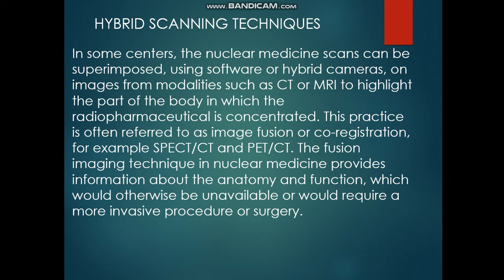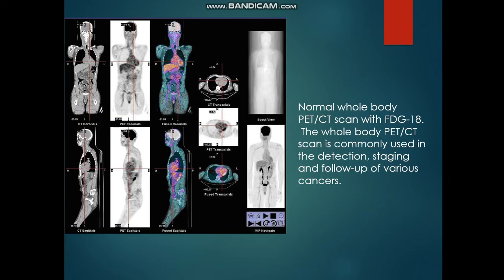The practice is often referred to as image fusion or co-registration, for example, SPECT computed tomography and PET computed tomography. The fusion imaging technique in nuclear medicine provides information about the anatomy and function which would otherwise be unavailable or would require a more invasive procedure or surgery.